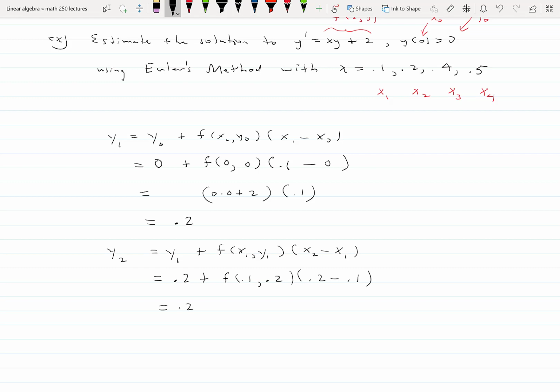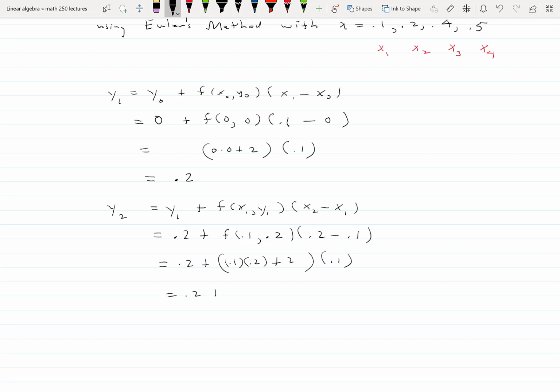So this is 0.2 plus the solution is xy plus 2. The derivative is xy plus 2, so f of xy is xy plus 2. So it's x 0.1, y 0.2 plus 2, times 0.2 minus 0.1, which is 0.1.